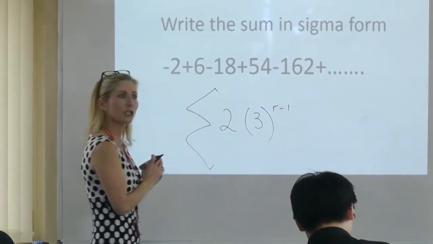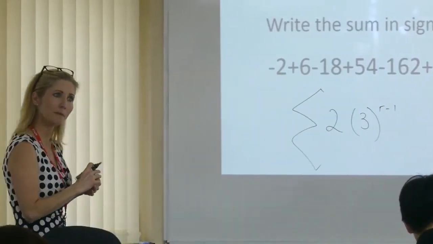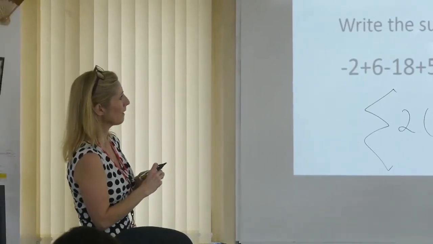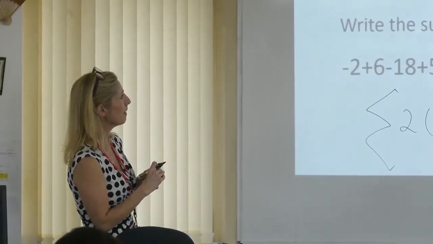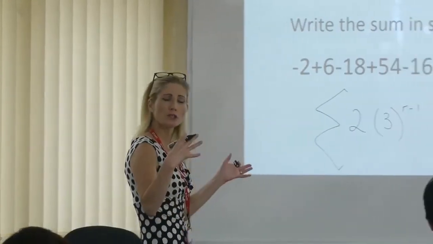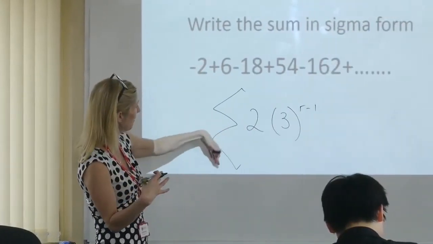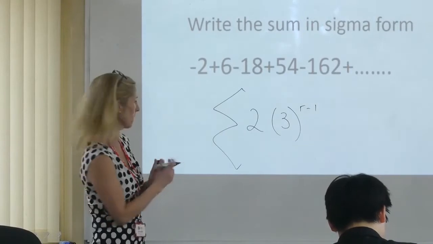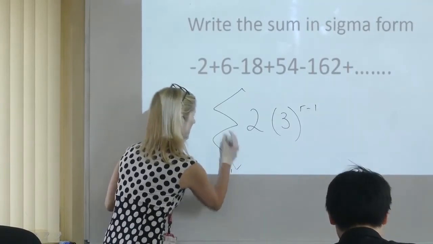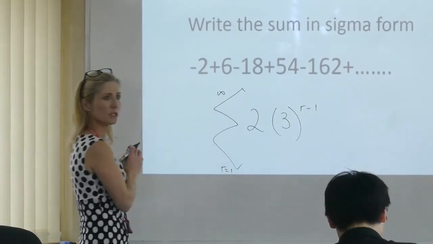All right, nth term of a GP. Everybody happy with that? Right. If we then need to deal with the minus, and what would you choose as r? r is what to what? 1 to infinity. Right, r is 1 to infinity.